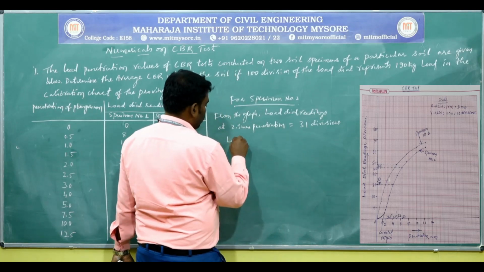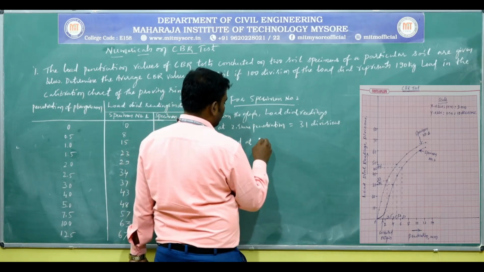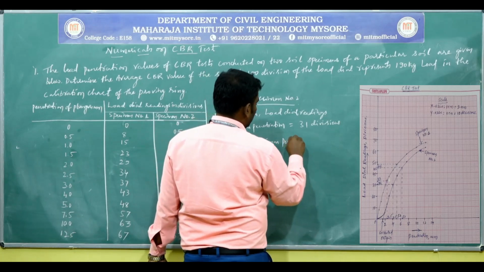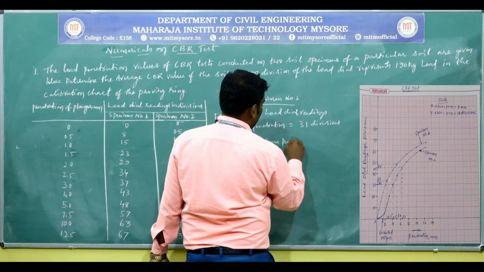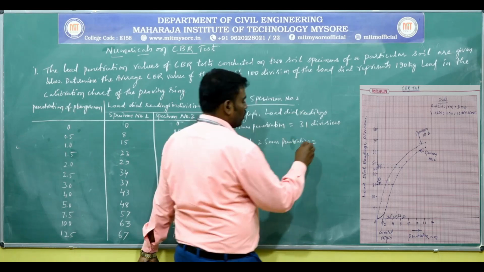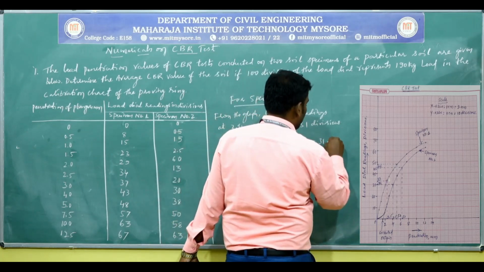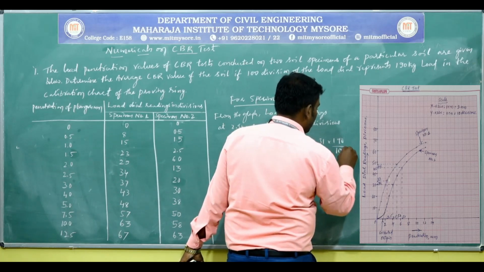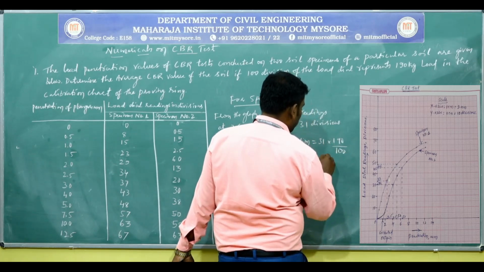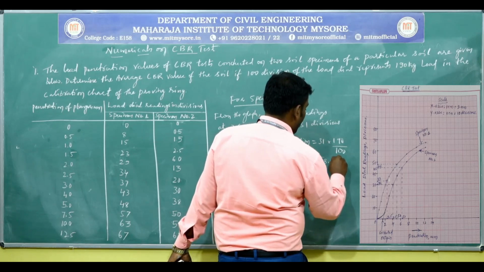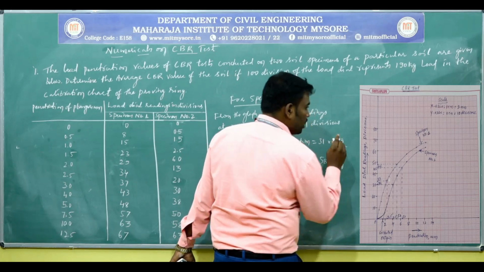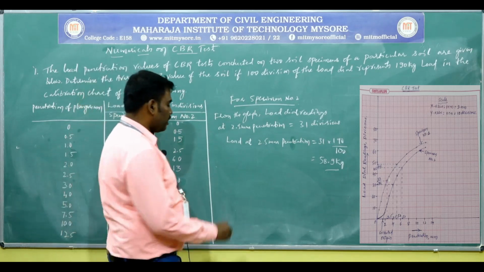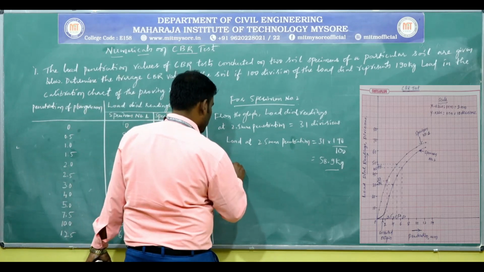Okay, load at 2.5 mm penetration, so 31 multiplied by 190 divided by 100. This will give us about 58.9 kg.